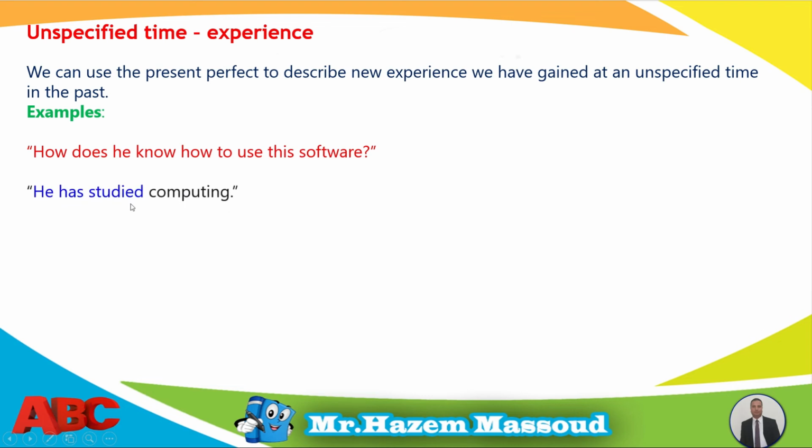He has studied computing. So I use the present perfect also to describe a new experience in the past. Yes, I have been to London. I have learned to play the piano.